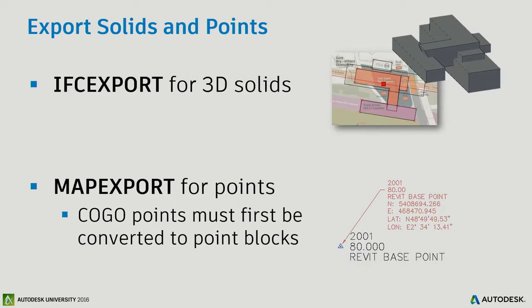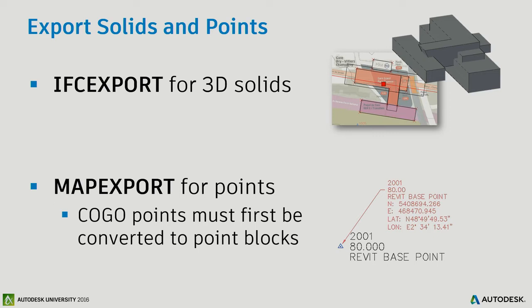All right. The export of solids and points. Why do I need to export point data? Because that's my accurate control. I need to know where I am on Earth. And the solids would be something like the solid that I just made, or for example, the massing study of that station. And so I'm going to use IFC export.